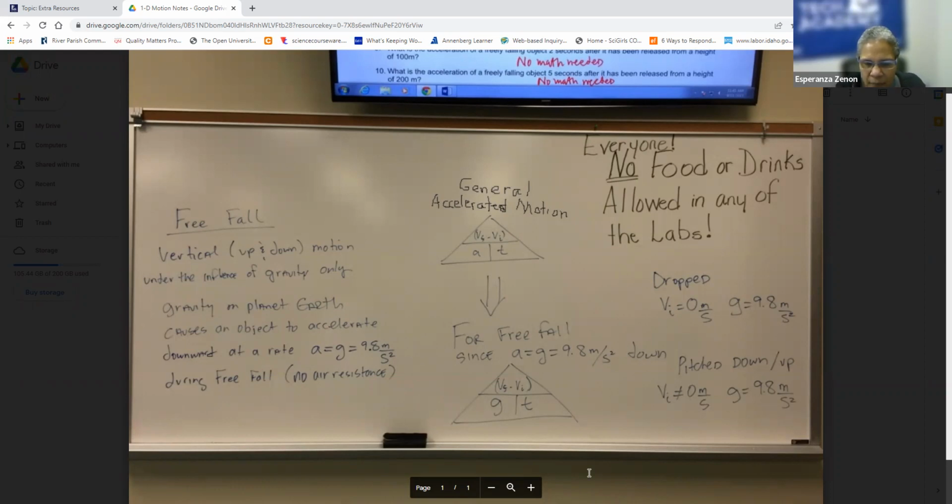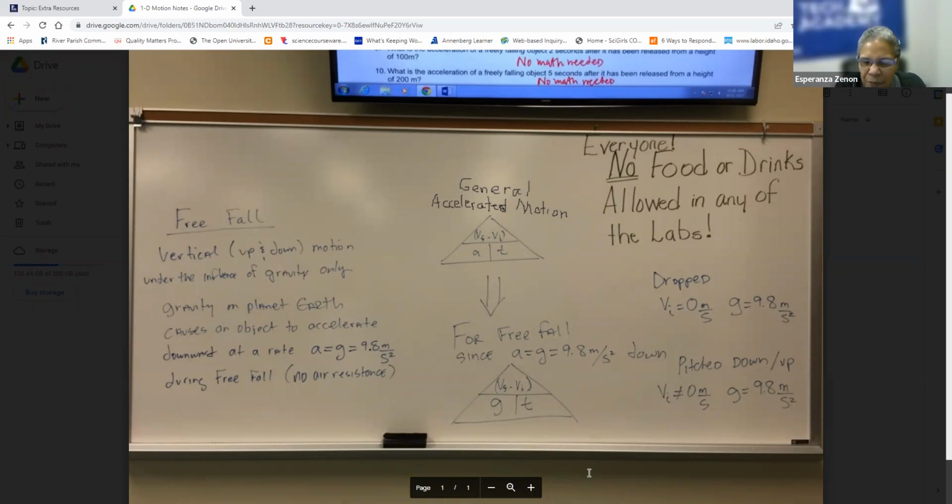Okay. And so this answers the question. When you throw the ball up, it comes back down. Why? Because gravity is always accelerating it down. Gravity does not accelerate an object up, right?